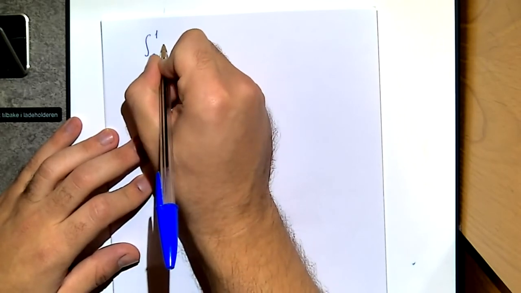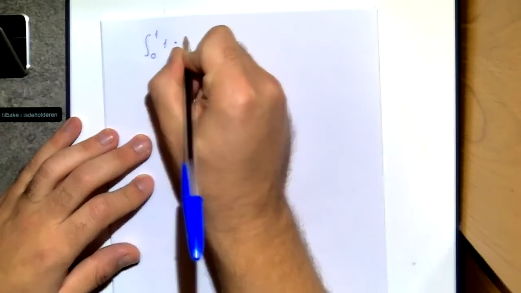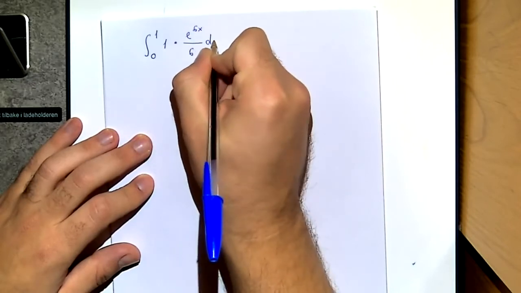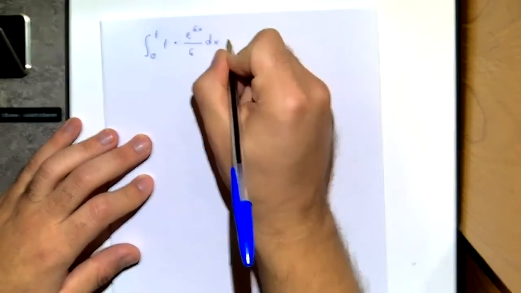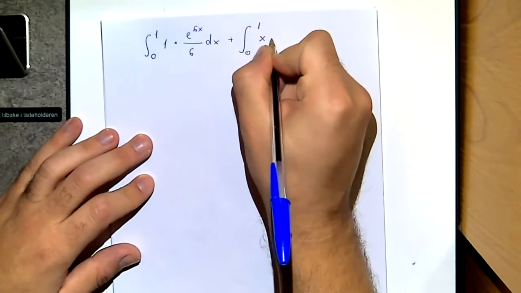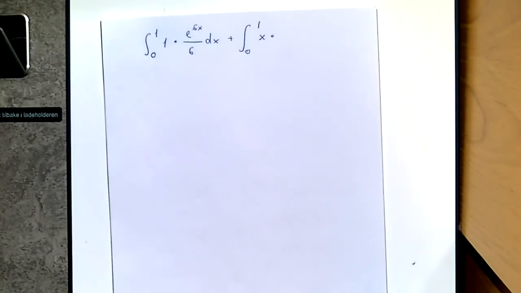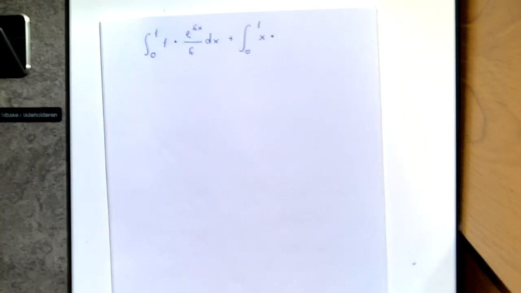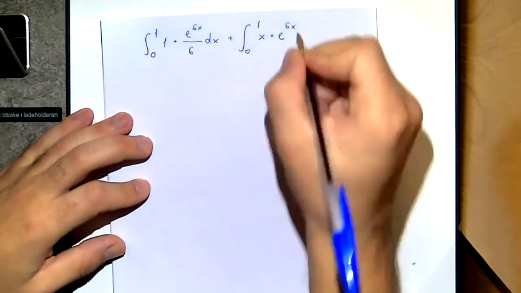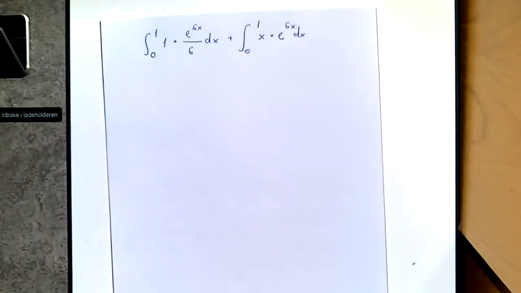So the derivative of x is 1, multiplied by e^(6x)/6 dx, plus the integral from 0 to 1 of x multiplied by, what is the derivative of e to the power of 6x over 6? It's just e^(6x) dx, okay? Because that's how I created it to be.